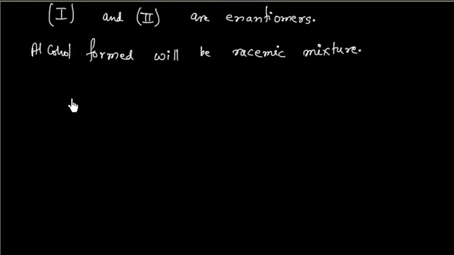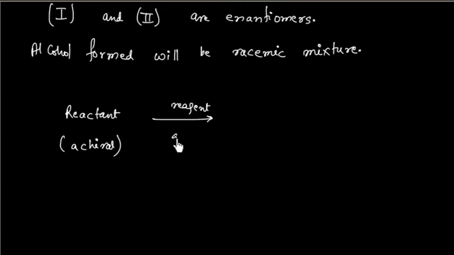We have a rule also: if my reactant is achiral and the reagent that is used is also achiral, the product that will be formed has to be achiral, that is optically inactive.